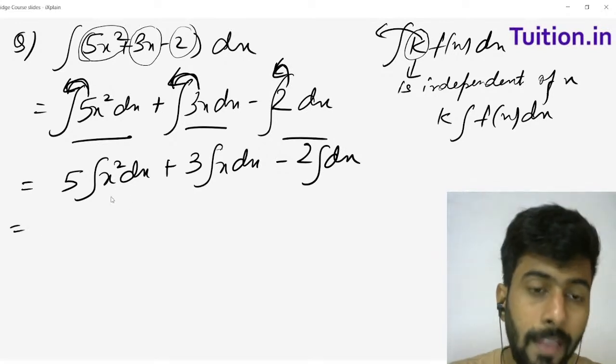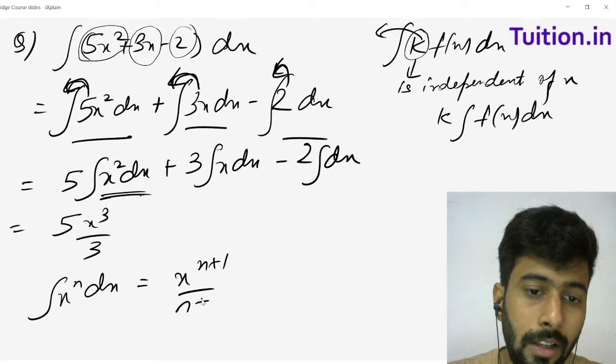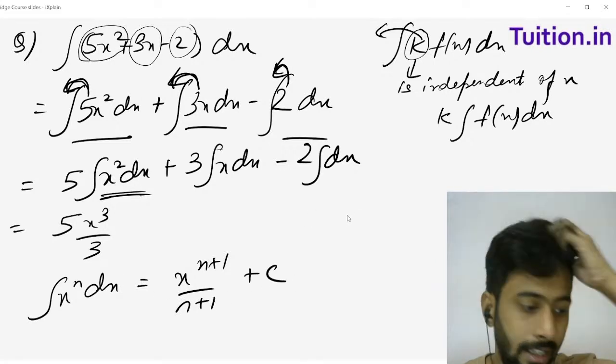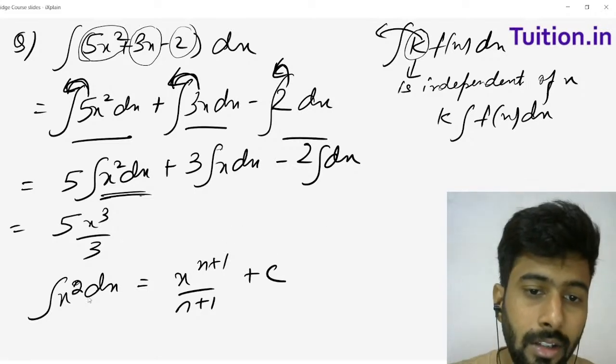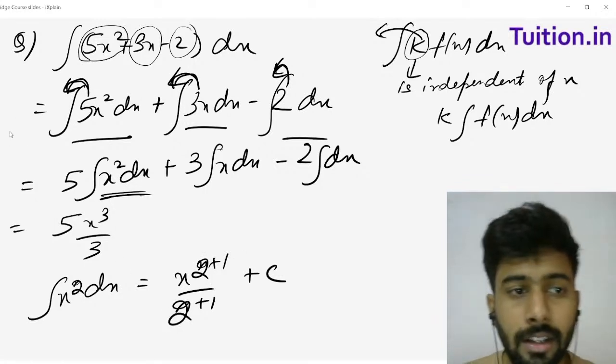And that's all. How do you integrate this? X cubed by 3, because you will use this formula, x power n plus 1 by n plus 1 plus c. So I will put a plus c at the last. Put n equal to 2 in this, guys. Then it will become 2 plus 1 by 2 plus 1, which is x cubed by 3.